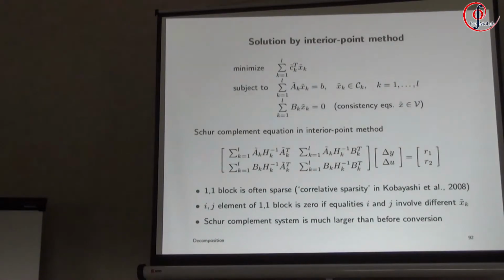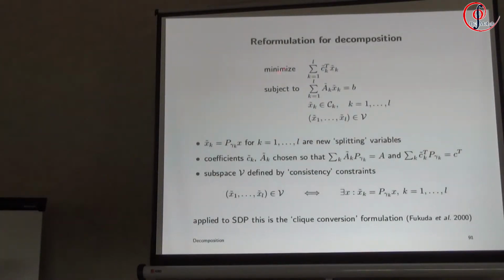If you're familiar with interior point methods, you know that the main cost per iteration is to solve a large linear equation for the search directions. They're called Schur complement equations, or just the Hessian barrier method. So if you write this LP after conversion in this way, then in an interior point method you would have to represent these equality consensus or consistency constraints by equality constraints.